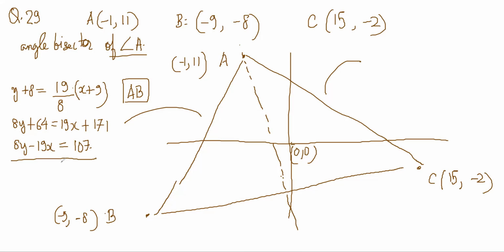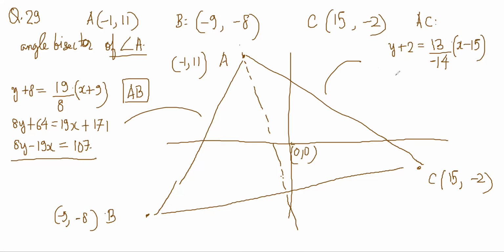This is one equation. And the other equation is for AC. AC will be y minus (-2), so y plus 2 is equal to (11 minus (-2)) by (-1 minus 15), that is minus 13 by 16, into (x minus 15).